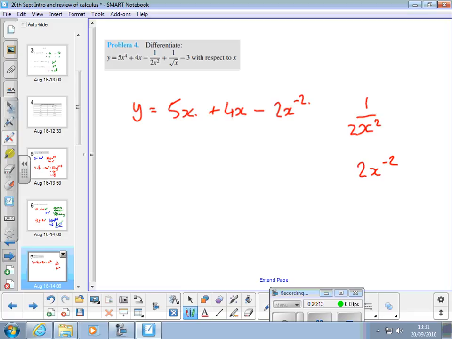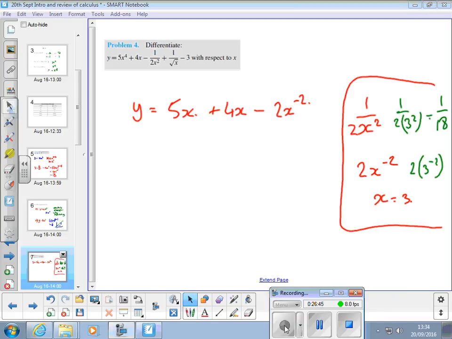Do you get the same thing, if x equals 3? If you do, I'll agree with you. Because that's wrong. 1 over 2x squared is not the same as 2 times x to the minus 2.